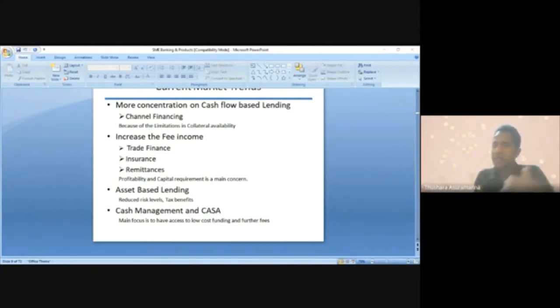So predominantly we say it's asset based, but as I finally told, it's a combination of two activities. It's cash flow based, asset based. But generally, there is no hard and fast rule to say this is asset based, this is cash based, this is security based, this is fee based. So you can't categorize all your product offerings into these pillars, into these methodologies.